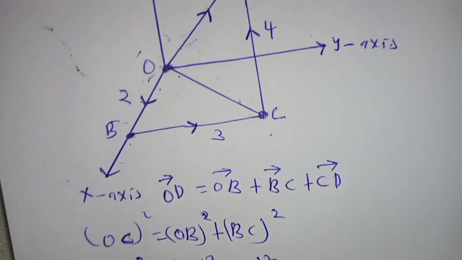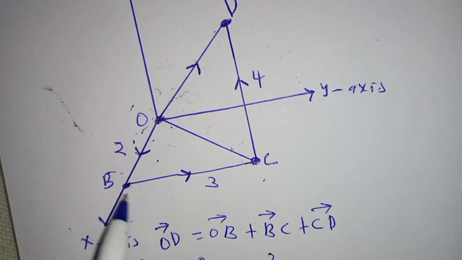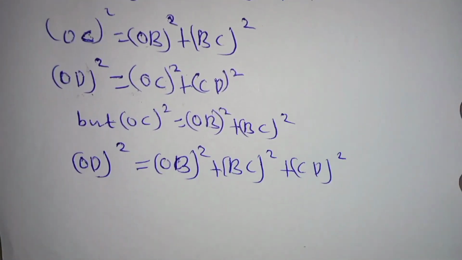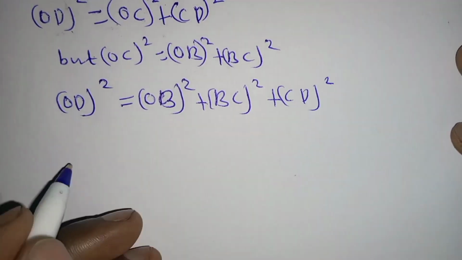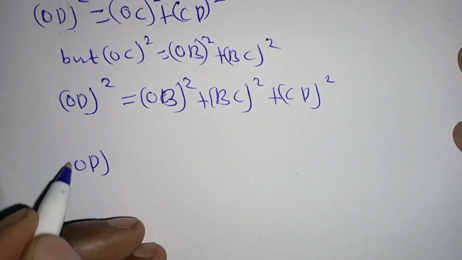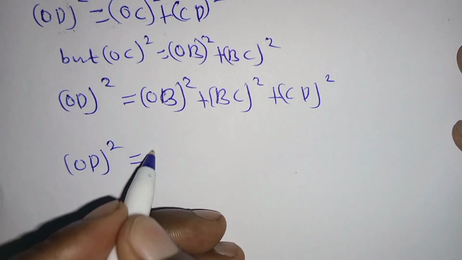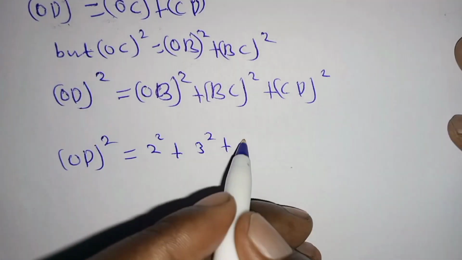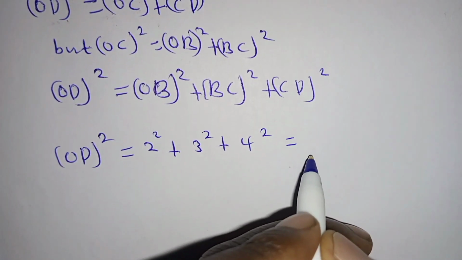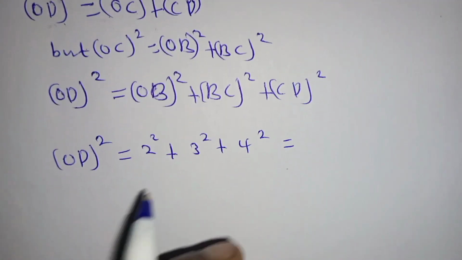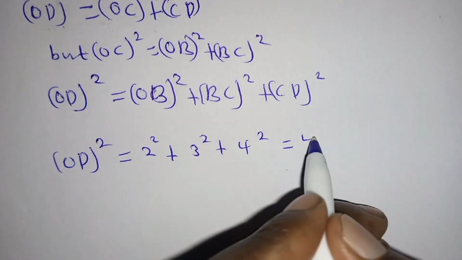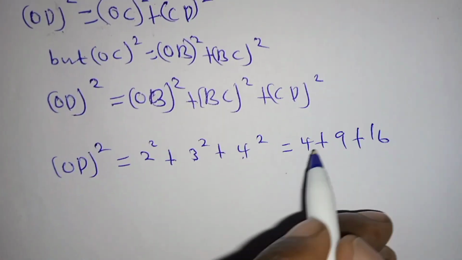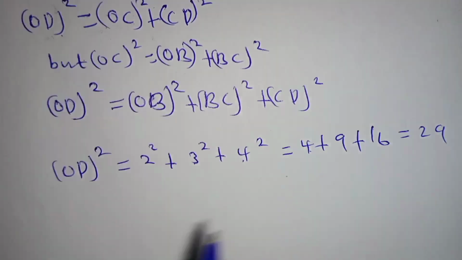In our given diagram, you can check this diagram here: our OB is 2 units, our BC is 3 units, and our CD is 4 units. So substituting, we find that OD squared is equal to 2 squared plus 3 squared plus 4 squared, which is 4 plus 9 plus 16, which is equal to 29.